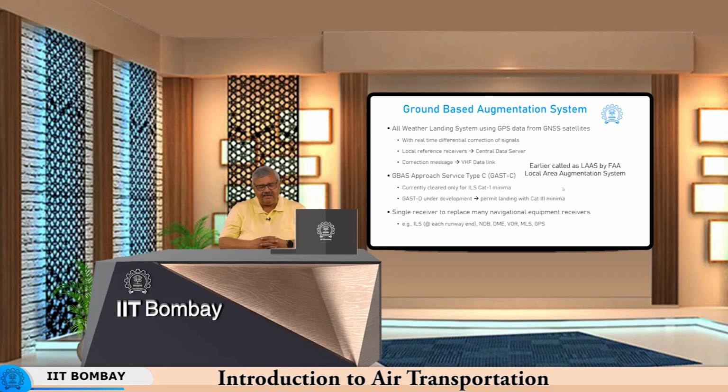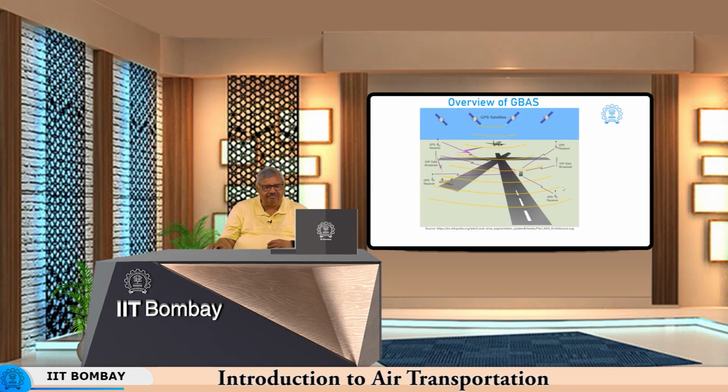Now, earlier the name of this system as per FAA was LAAS, which stands for Local Area Augmentation System, but now under the European regulations or the ICAO, it is replaced by GBAS or Ground Based Augmentation System.